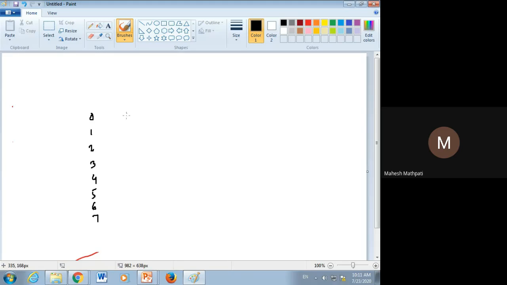Then if you want to write its equivalent binary number: 000, 001, 010, 011, then 100, 101, 110, and 111.